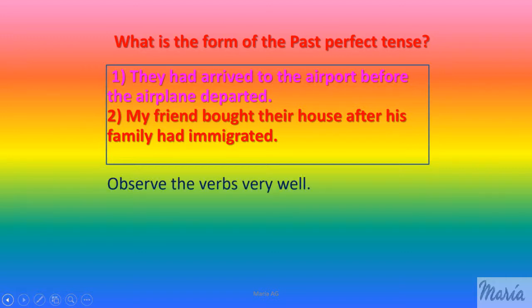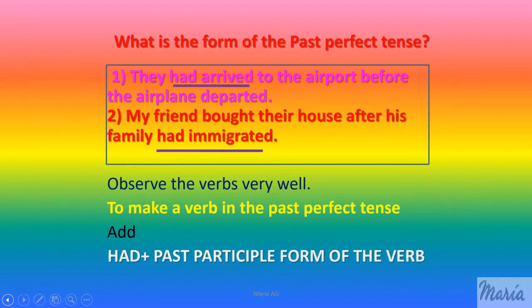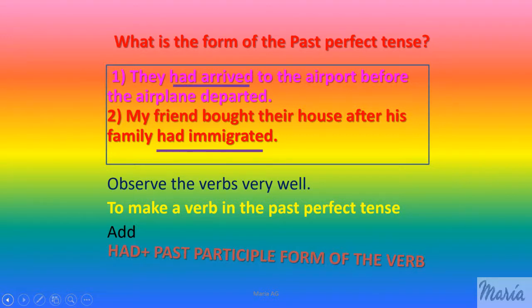Observe the verbs very well. To make a verb in the past perfect tense, add had plus past participle form of the verb.